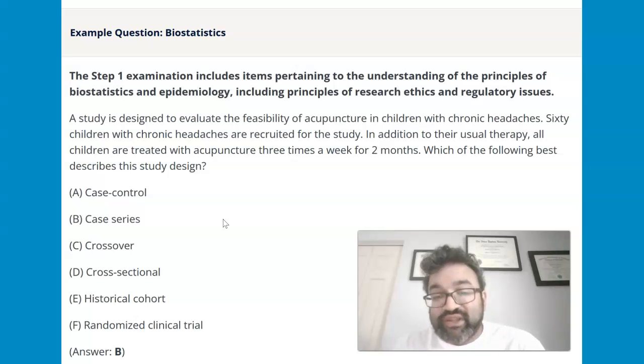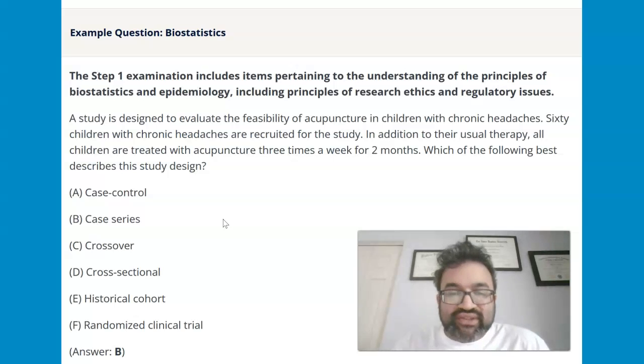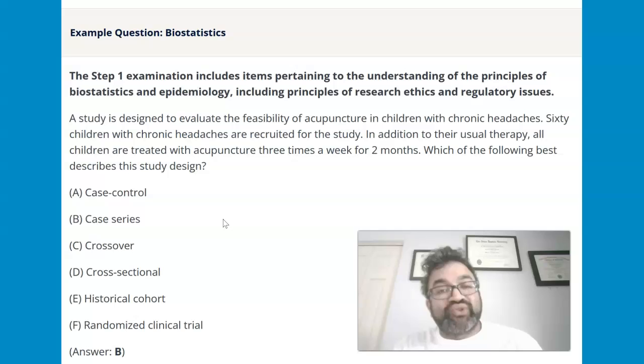There's no comparison group whatsoever, so that automatically excludes any other type, because with case control, there's a control group, and randomized clinical trials typically have a control group. Even in historical cohort, or another way to say that is retrospective cohort, you're actually going back to look for the exposure, historical exposure, to look for relationships with outcomes.